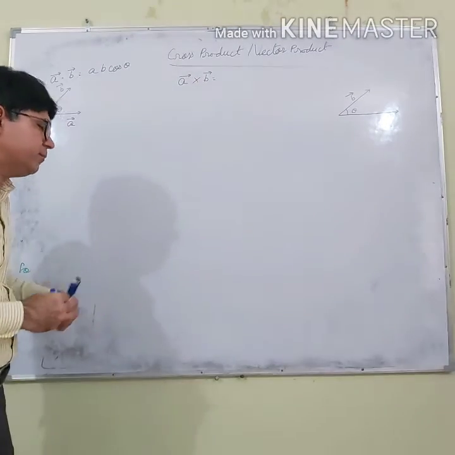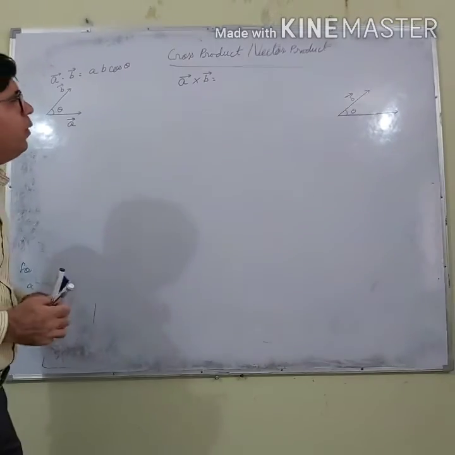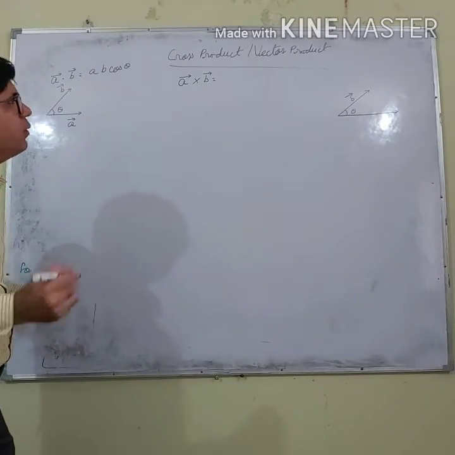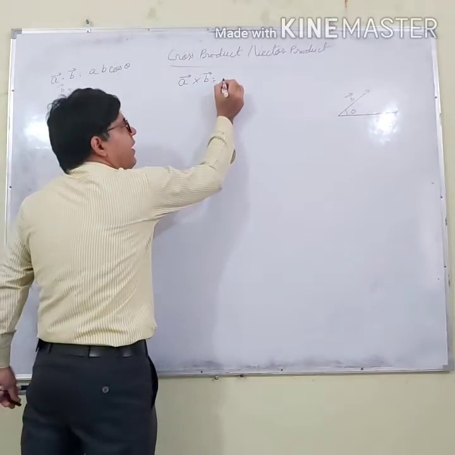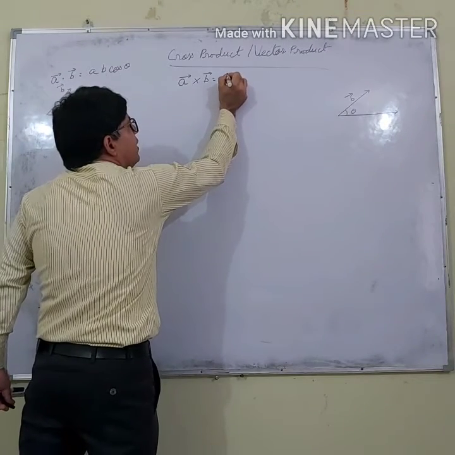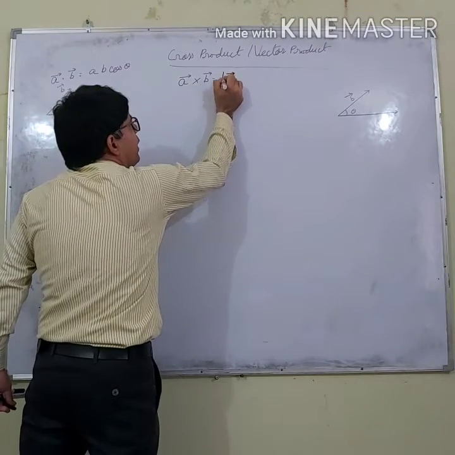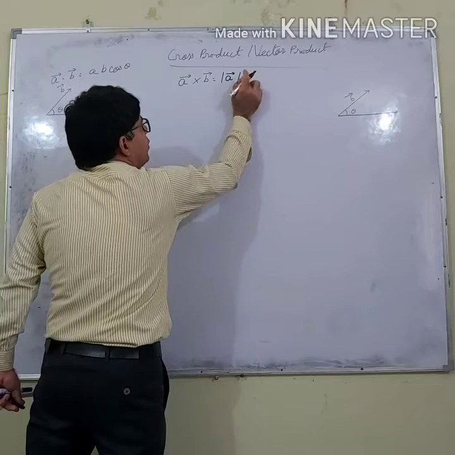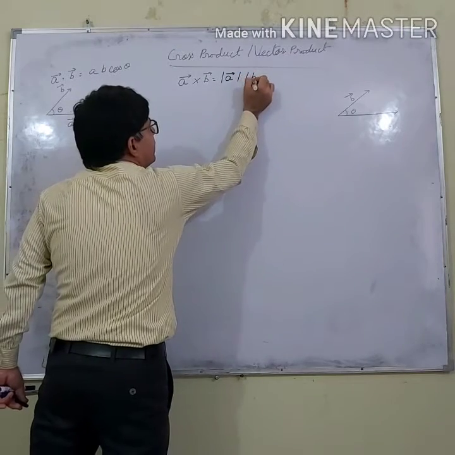A cross B, the cross product of two vectors, is defined as a vector whose magnitude is equal to the product of the magnitudes of the vectors.